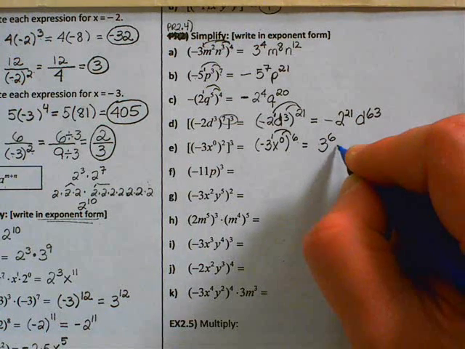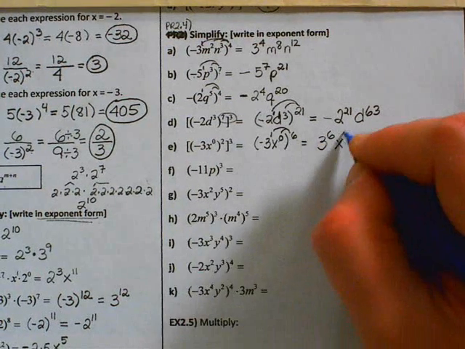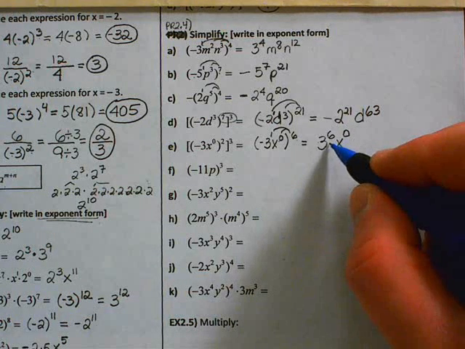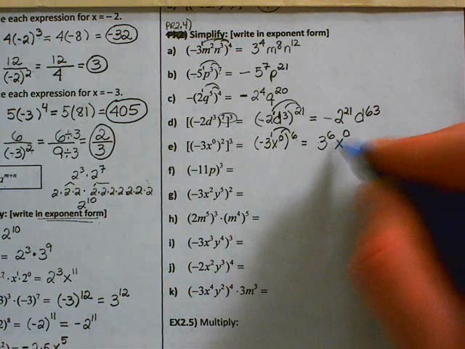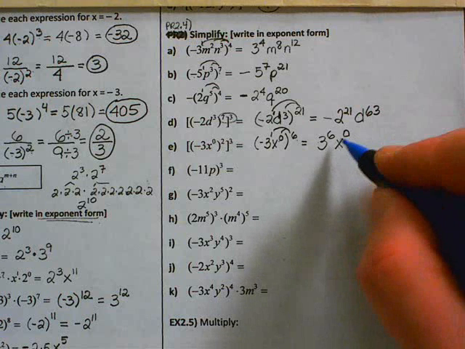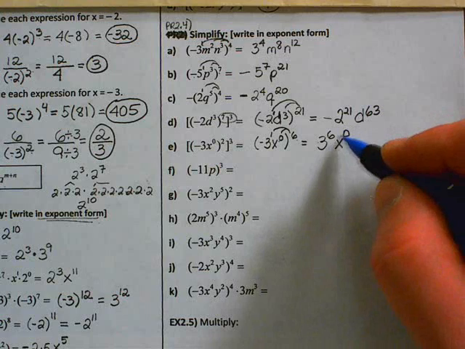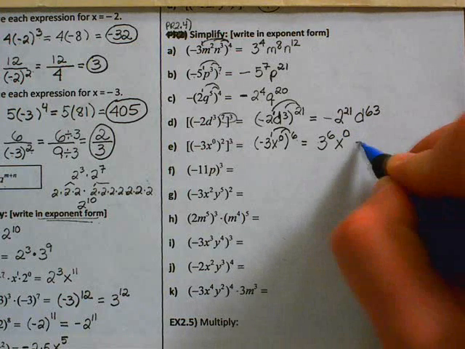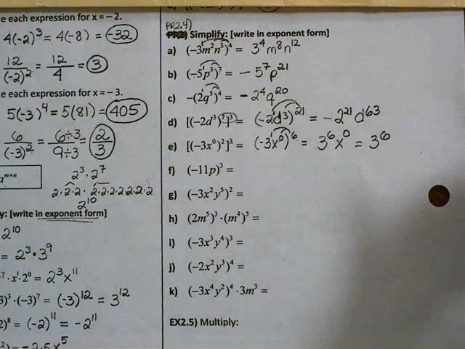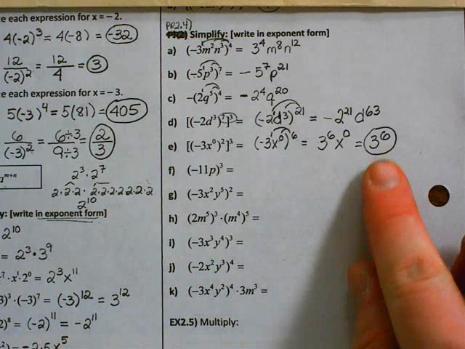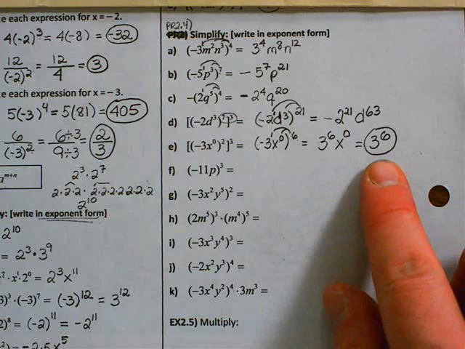And 6 times 0 is 0. And we could leave it like this, or we could remember that x to the 0 is 1. So in other words, 3 to the 6 times 1 is 3 to the 6. So this would be actually the simplest form, so I actually write this as the final answer.